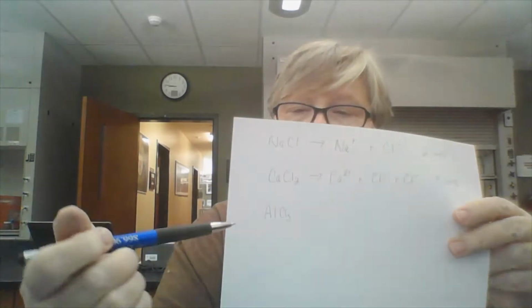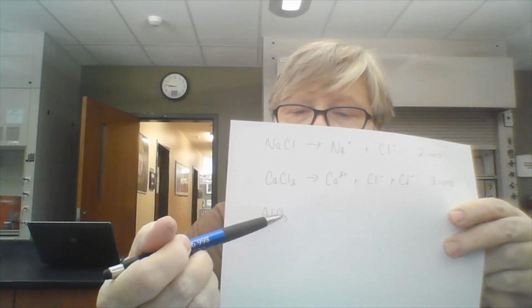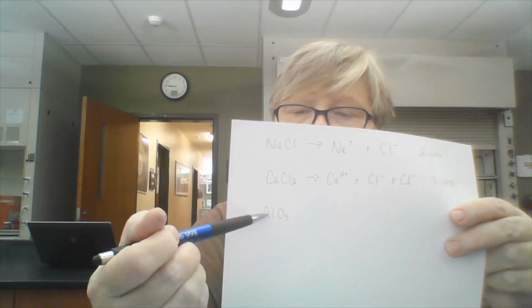And the third compound I want to talk about is aluminum chloride, and aluminum chloride is AlCl3, so there's 3 chlorides for every 1 aluminum, and this breaks up into 4 ions, and I'll show you how that looks. And please don't worry that you don't know what kind of ions anything makes, because you don't know that yet.